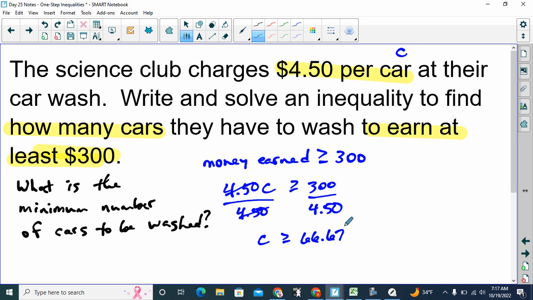With inequalities, we don't necessarily want to do that. Because the number of cars has to be bigger than 66.67, the closest number that is bigger than 66.67 is 67. 67 is the minimum number of cars that need to be washed to earn at least $300.